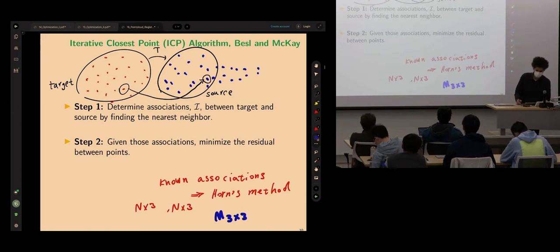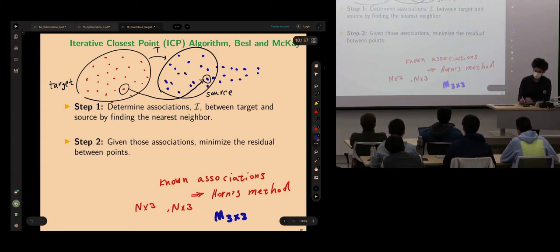And when we come to real life, we don't know the association. Then ICP came along. So 2 sets of points might have different numbers of points, let's say N1 and N2.